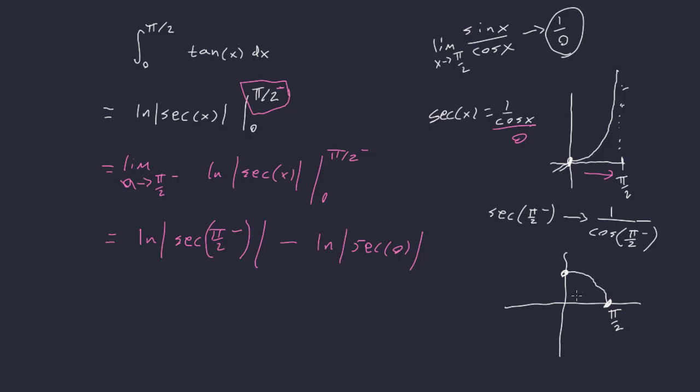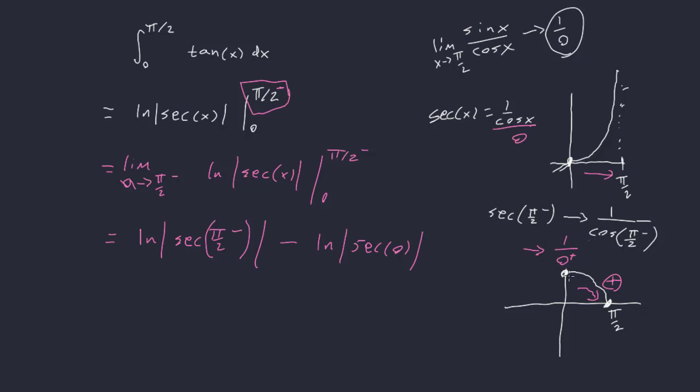So from the negative side, cosine should be positive. This cosine should become a 1 over 0 positive, right?